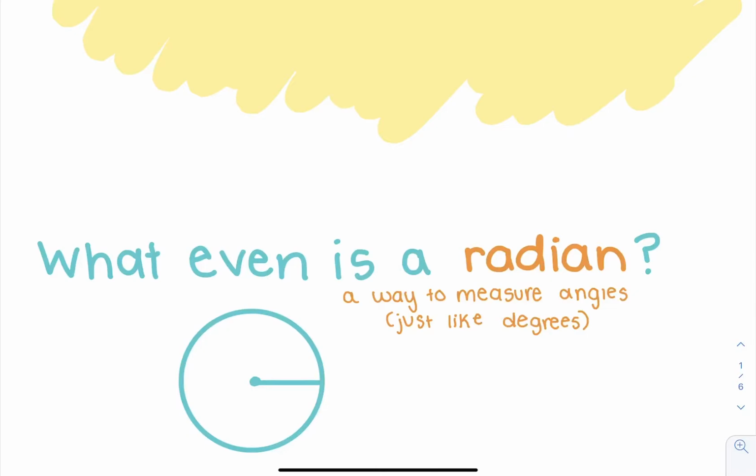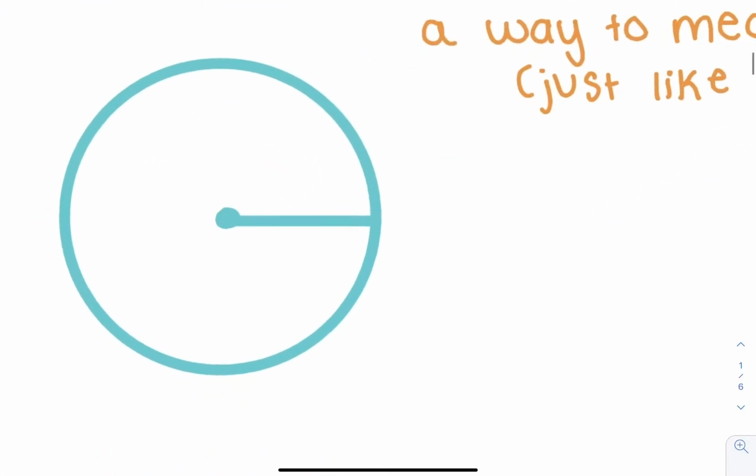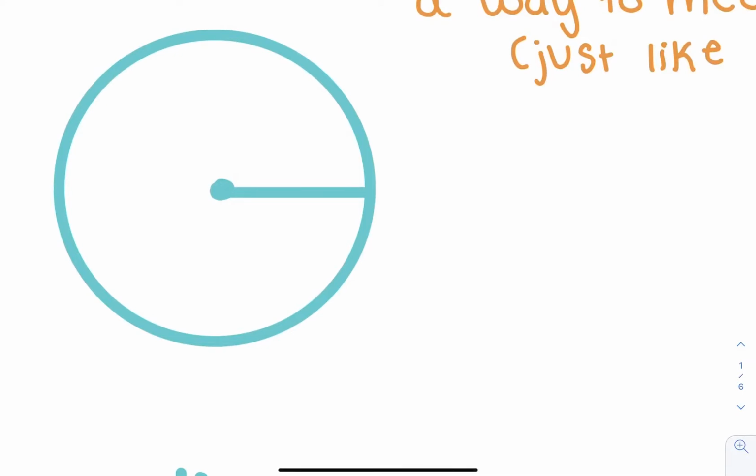So if we think of a circle, this circle has a radius. If I take this radius and lay it along the circle so that this orange length is the same length as the radius. So let me say that again. That means the arc length, that orange line, is equal to the radius.